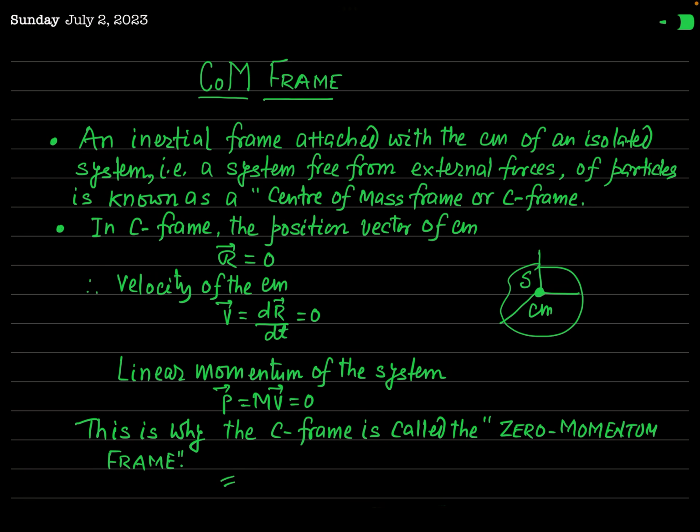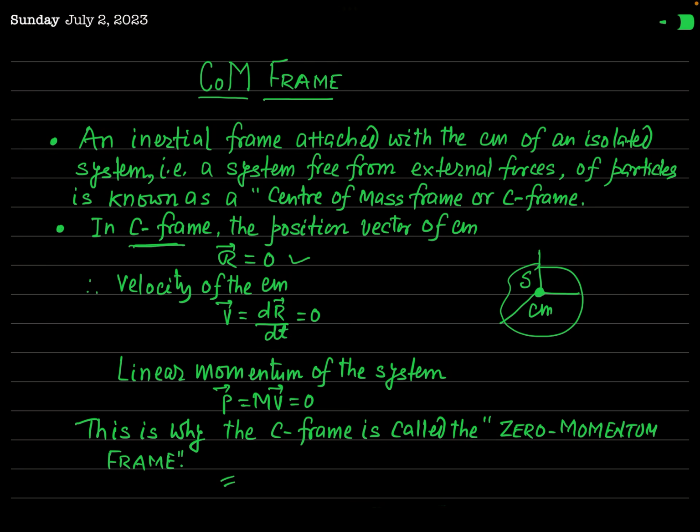So you can say that in the C frame, the center of mass frame is also denoted by C frame, the position vector of the center of mass will be equal to 0, because the origin of the center of mass frame is already at the center of mass. So R will be equal to 0.